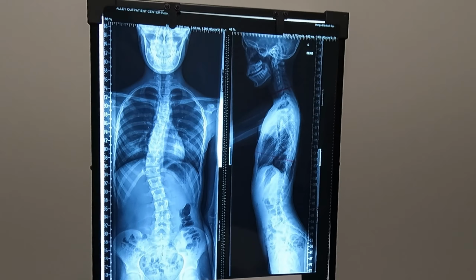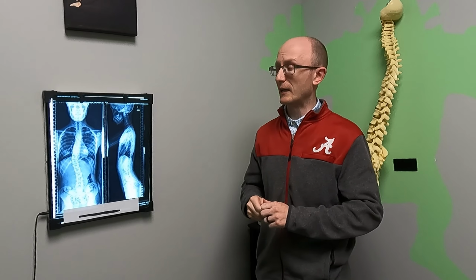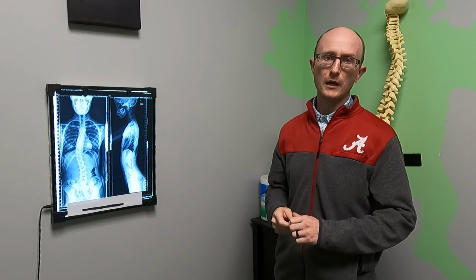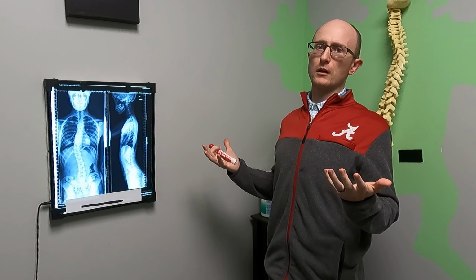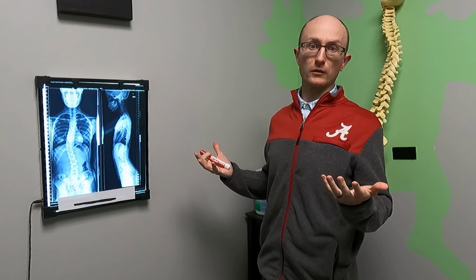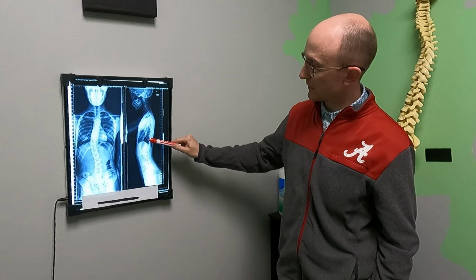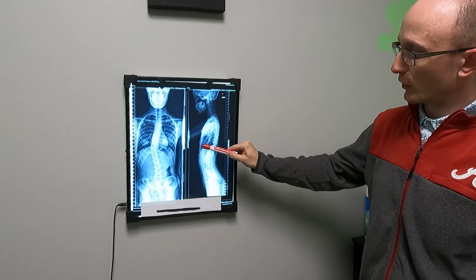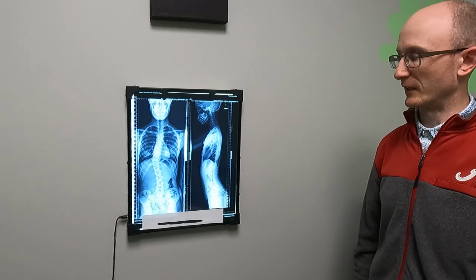The reason why that's important is because when we are prescribing exercises and someone has relative anterior spinal overgrowth, we really don't want to encourage even more lordosis into the kyphotic, into the thoracic spine, because if this continues moving forward, we all know what lies inside of the rib cage. We don't really want to compress on that.